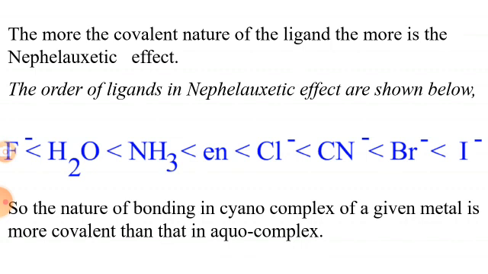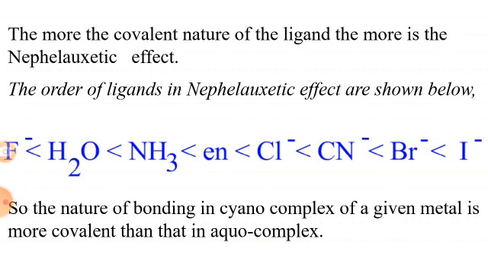I minus shows a high Nephelauxetic effect, and F minus shows a less Nephelauxetic effect, and F minus also shows a high beta value. What is beta? Beta is the Racah parameter, that is, interelectronic repulsion.